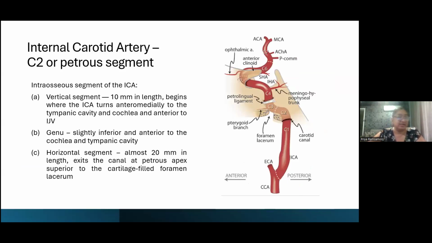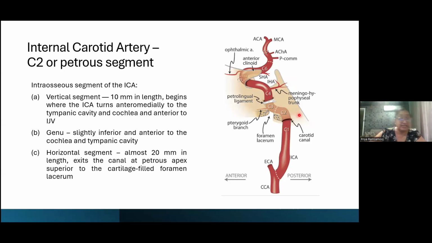Now, the intraosseous segments of the ICA. In essence, remember we're right here, C2, you have a vertical segment, you have a genu, and you have a horizontal segment. The vertical segment occurs as the ICA ascends, and then it bends. It's just about 10 millimeters in length. And then it bends and forms a little bit of a posterior loop that you can see there, which is anterior to the cochlea.